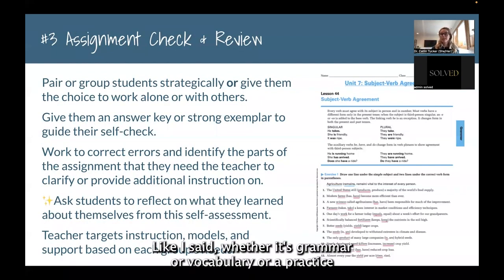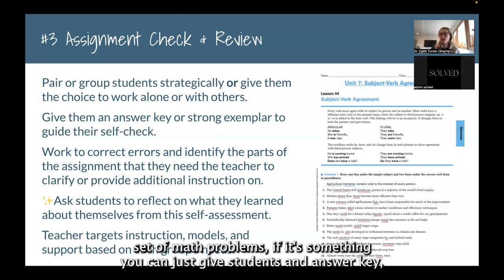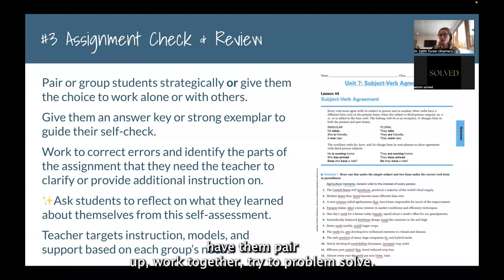Assignment check and review, like I said, whether it's grammar or vocabulary or a practice set of math problems, if it's something where you can just give students an answer key, have them pair up, work together, try to problem solve if they got stuck on one, fantastic.